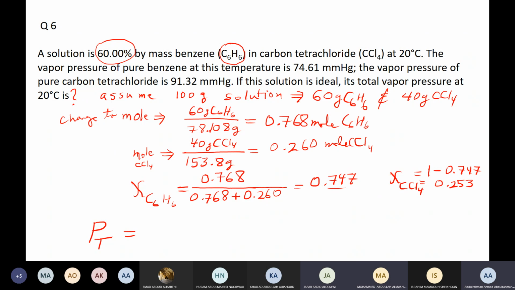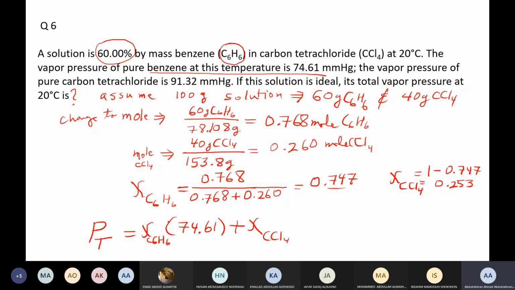Mole fraction times P. Mole fraction of benzene, C6H6, times the pressure of pure benzene at this temperature, which is 74.61, plus the mole fraction of CCl4.